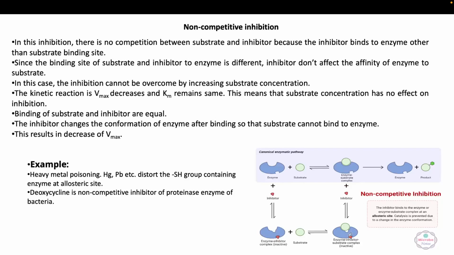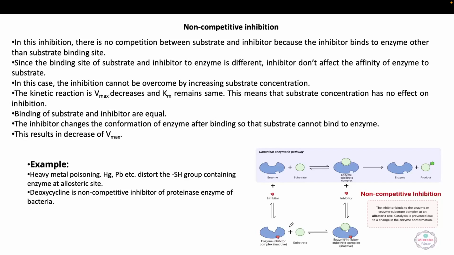So the Vmax, the velocity or the reaction rate, will be decreased in the non-competitive inhibition. But the Km remains the same, because the substrate binding site and the inhibitor binding site are different, so they are not competing with each other. It inhibits the conversion of substrate to product, so the reaction rate will be changed.